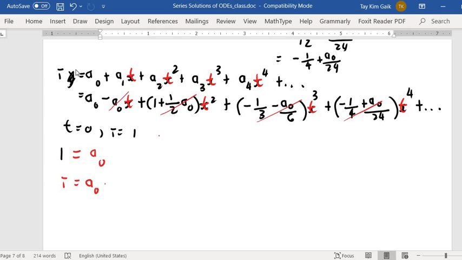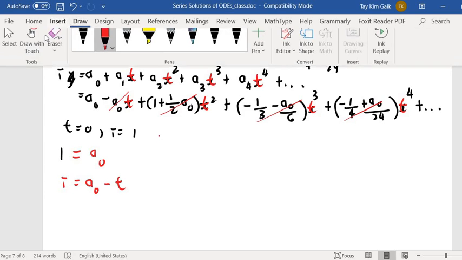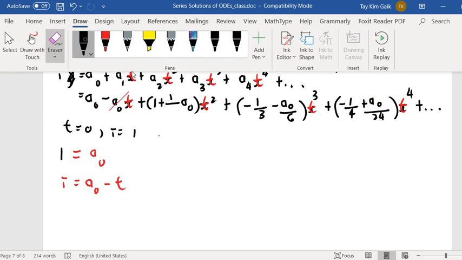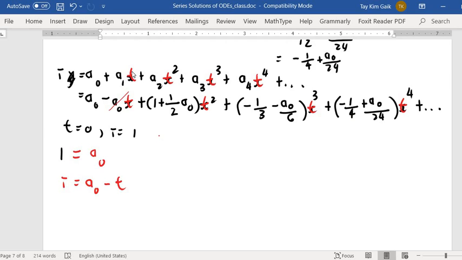Then y is equal to A0, A0 is 1. So A0 minus t. Plug in A0 is 1. Later on, we found A0 equal to 1. Then plug in A0 is 1. So 1 plus half will be 3 over 2 t squared. So you got negative 1/3 minus 1 over 6 t cubed.